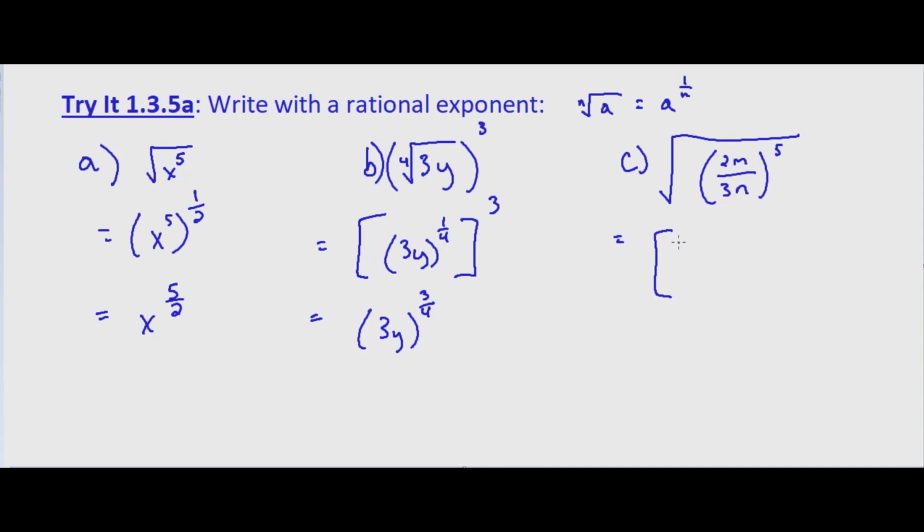So we have everything under the radical, 2m over 3n to the 5th, and that's all being taken to the 1/2.